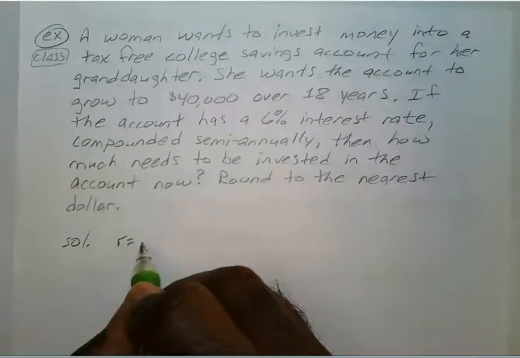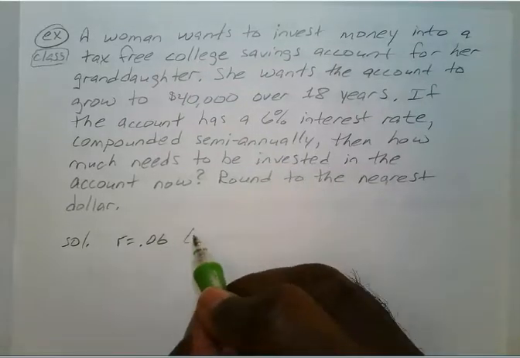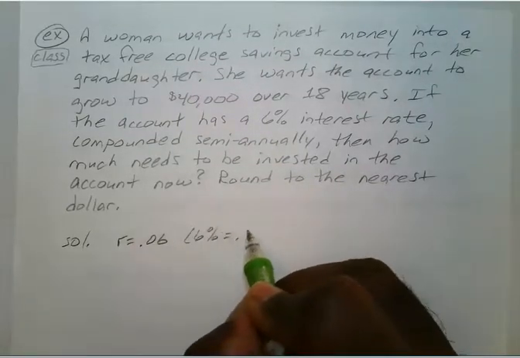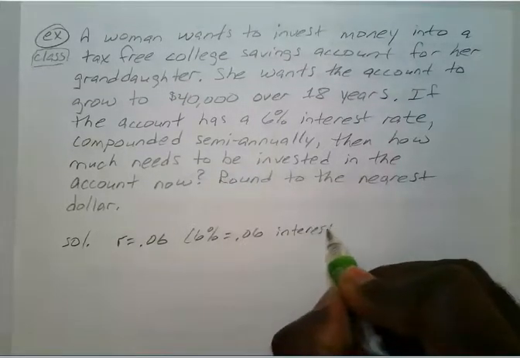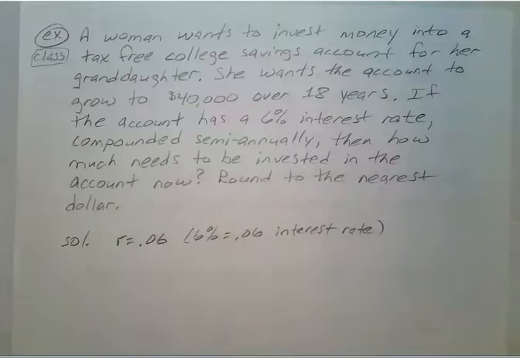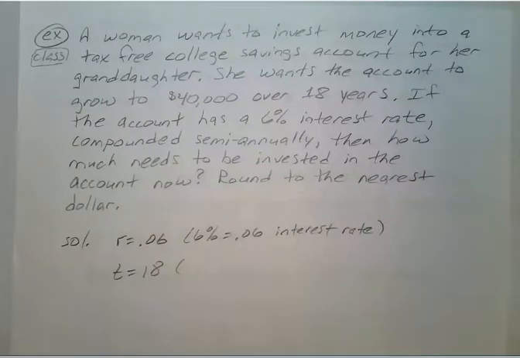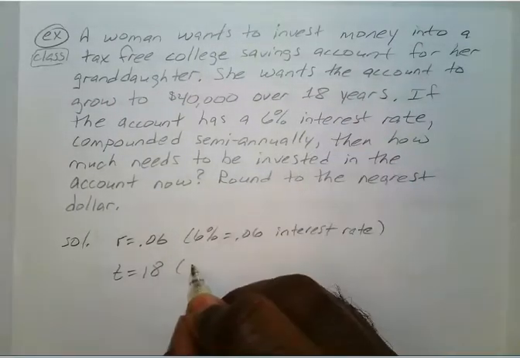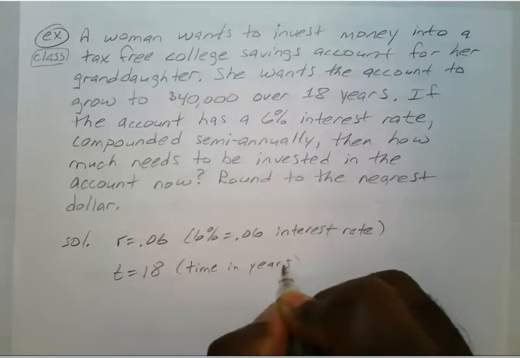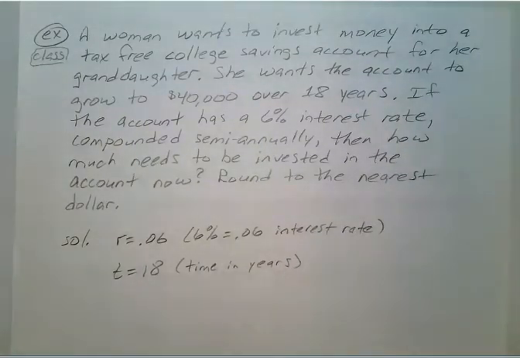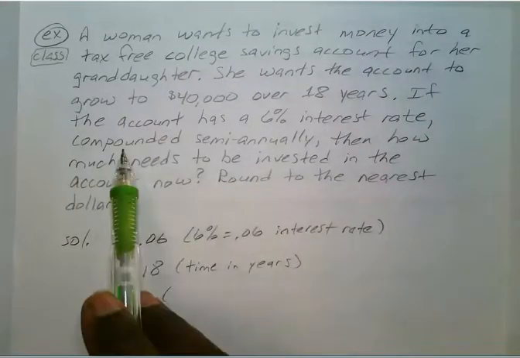So our R is 0.06, because remember that 6% is 0.06 when you convert it to decimals. Our T is equal to 18, because that's over 18 years. Okay, and our N is equal to 2, because we know it's compounded semi-annually.